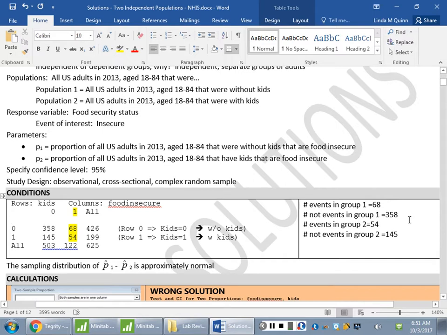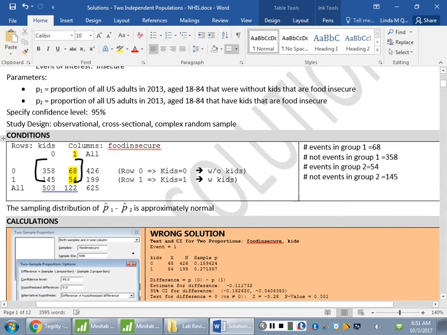Remember, that's coming from looking at just these four numbers. Since all of these numbers are greater than 10, we can assume the sampling distribution is approximately normal.